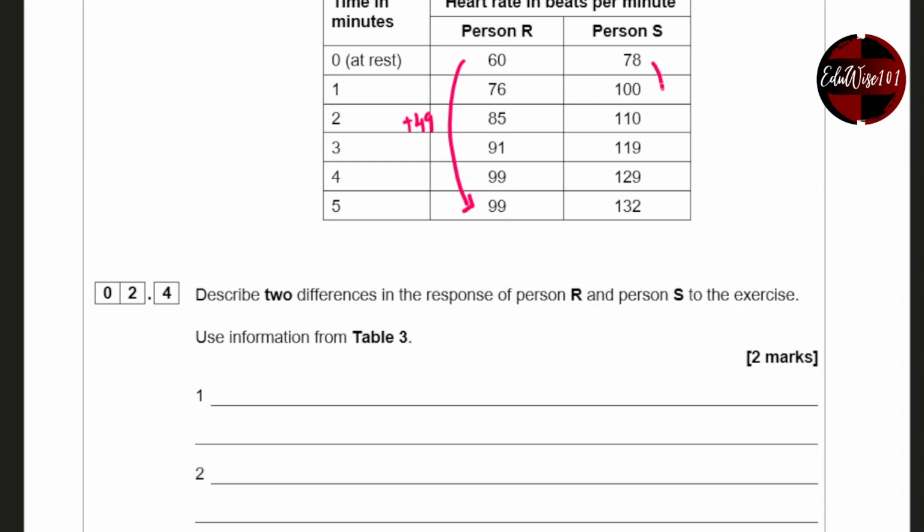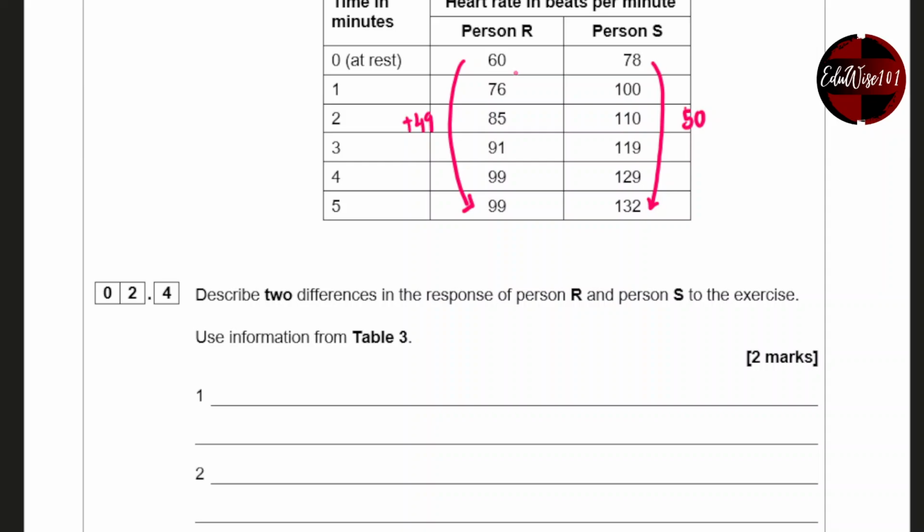Whereas person S went from 78 to 132, so it actually increased by 50. That's not much of a difference, is it?